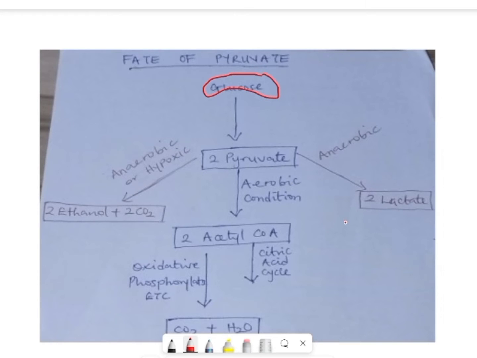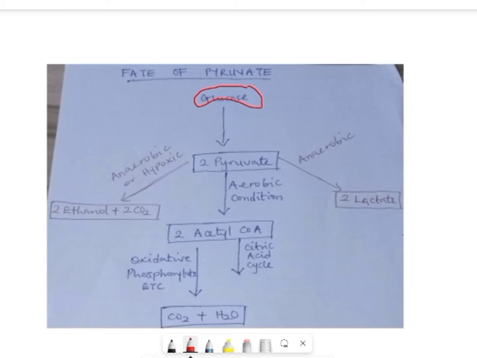When oxygen is present, in the aerobic condition, pyruvate is converted to two molecules of acetyl-CoA, and the acetyl-CoA can go through oxidative phosphorylation and also go through the citric acid pathway.